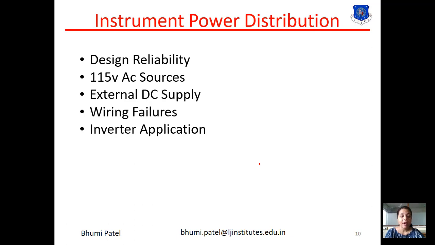Otherwise the time required to open a branch circuit breaker might be longer than the time required for the instrument to fuse the inverter, and it causes the system to fail. So the inverter is also a most important factor for the instrument power distribution.